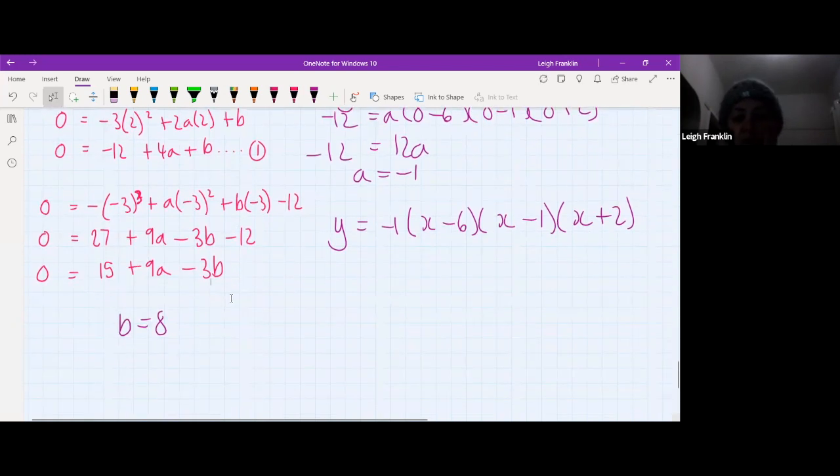And now these are the two equations that I want to solve simultaneously. All right, so what I'm going to do here is I'm just going to divide through by 3. So that's going to leave me with 0 equals 5 plus 3a minus b.